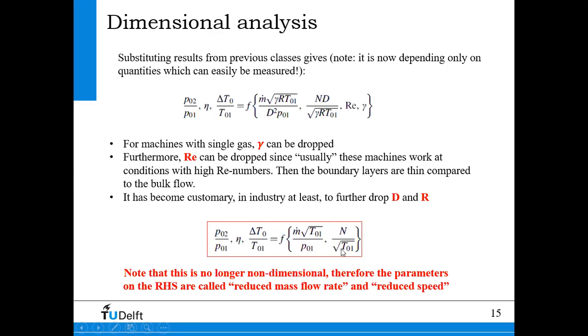Like I derived, I think 2 classes ago, this is more or less based on the Mach number of the inlet flow, and the rotation speed versus speed of sound, so it's the rotational Mach number.